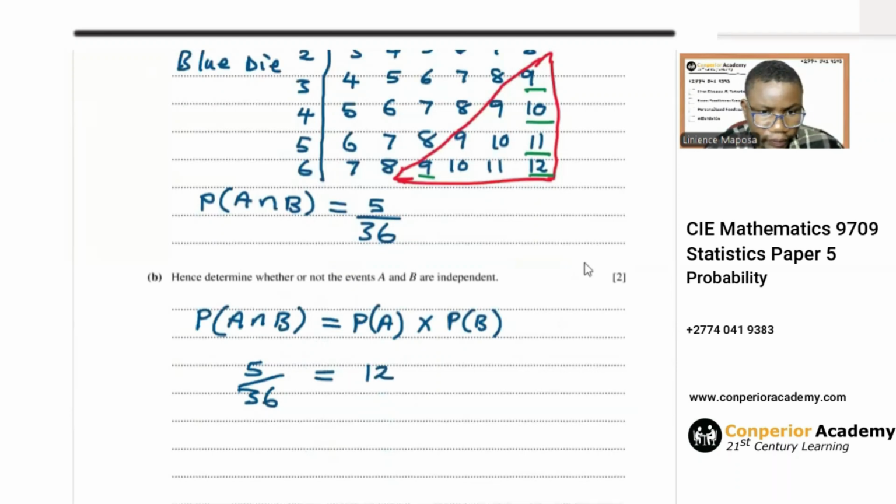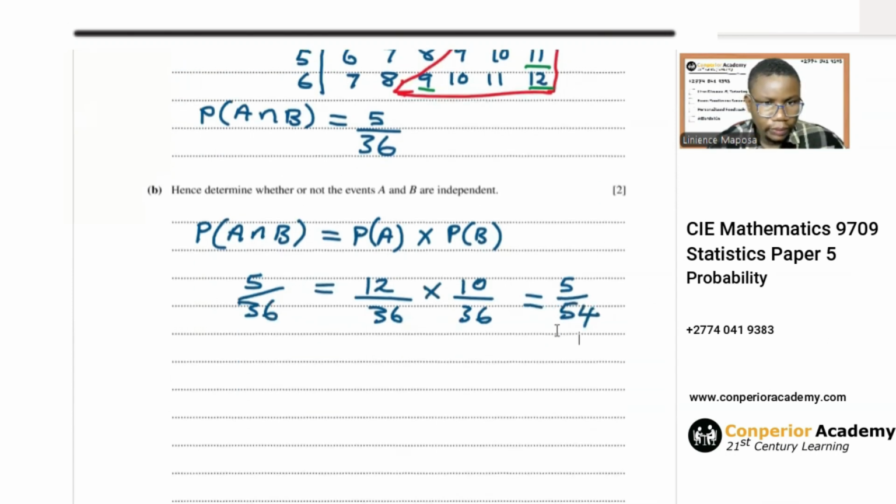So this is going to be 12 over the total possible outcomes, which is 36. And then multiplied by B, which is everything that's in the red triangle, which is 1, 2, 3, 4, 5, 6, 7, 8, 9, 10, which is 10 over 36. If you put this in your calculator, you get 5 over 54.